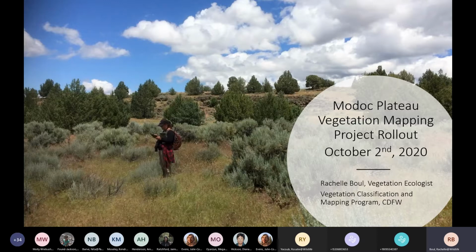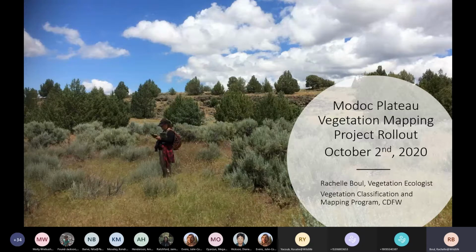And VegCamp is the project manager for this project, although this project would not have been possible without many other people. We hope that you find the data from this project and the information presented today to be useful, and we'd love to hear your feedback after the day.